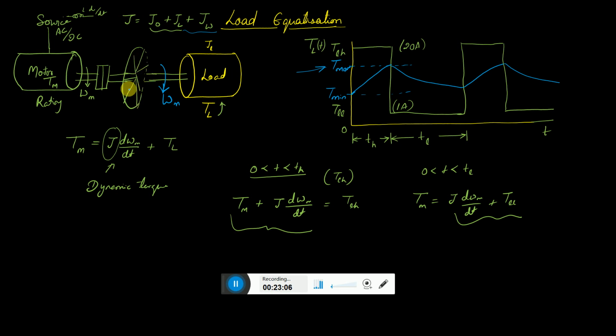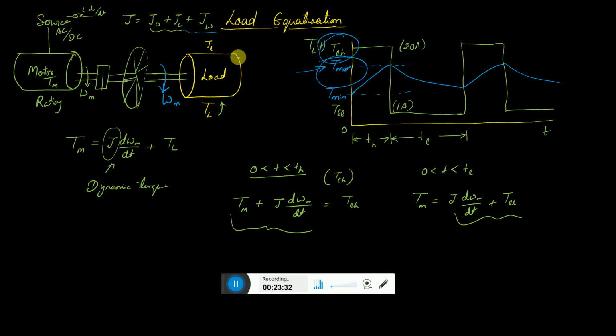And the advantage is that the rating of the motor no longer requires a very high rating of TLH. We can have a lower rating of T max, and the current drawn from the source will no longer be very high. It will be limited to a certain value, and the fluctuation is actually avoided, and that avoided fluctuation will stabilize the load supply voltage.